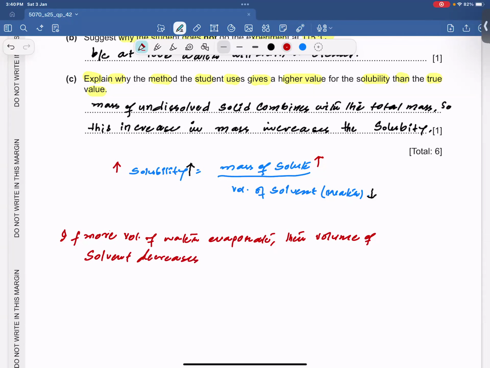If volume of solvent decreases, solubility increases. It could be an alternate explanation for this.